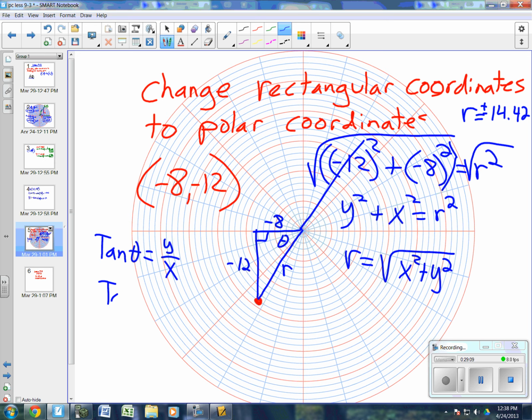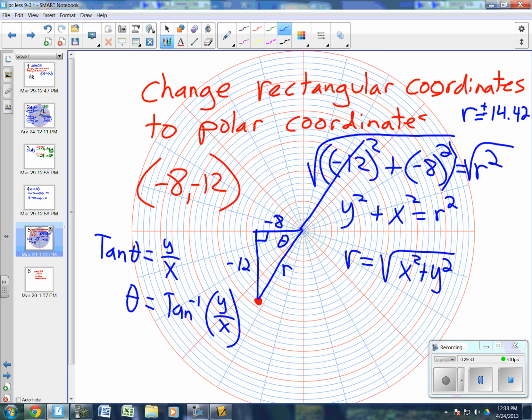If I take the tangent inverse of both sides, I get theta equals the tangent inverse of y divided by x.